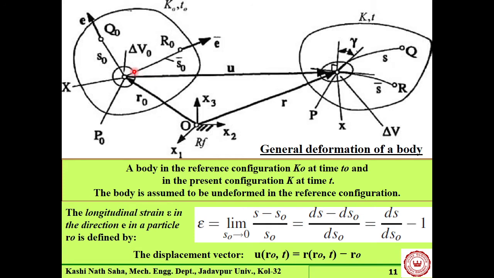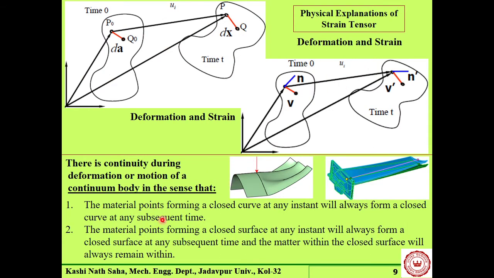So a point outside of this circle cannot come within this body. That part is clear. So material confined within this circle has to remain within the deformed curve. So these are the two ideas to maintain the continuum mechanics phenomena.